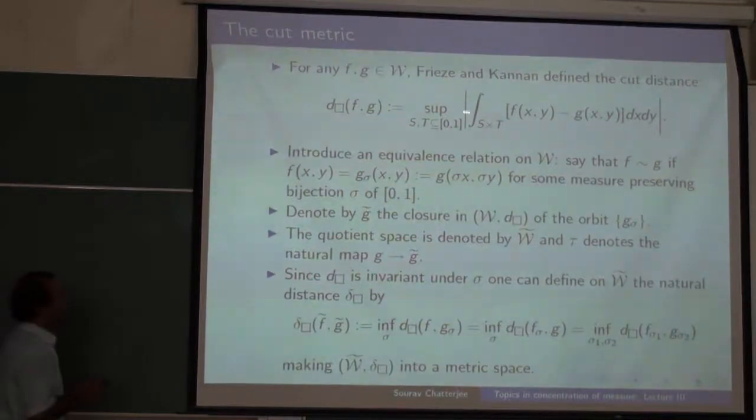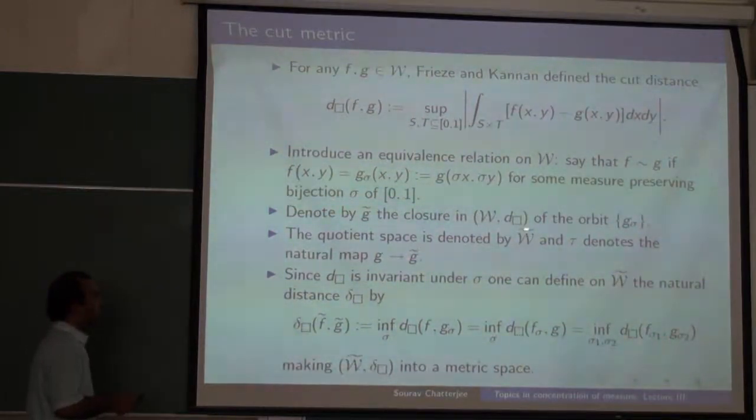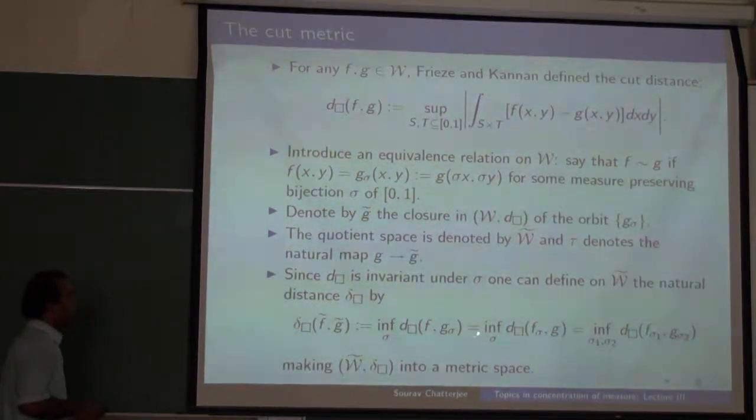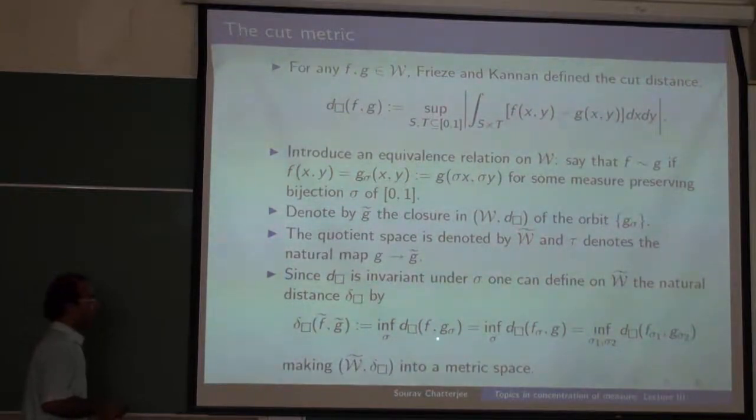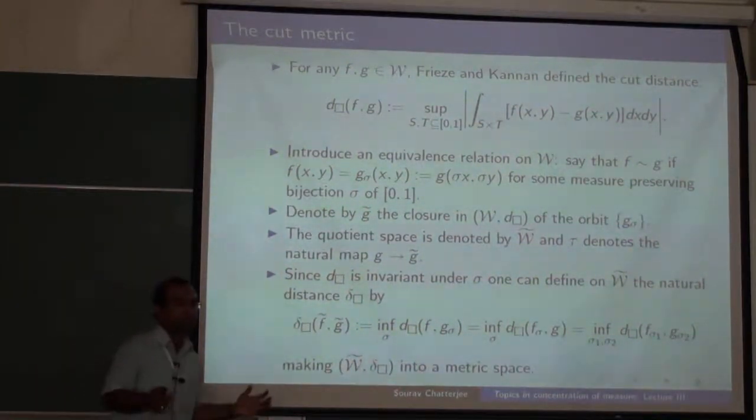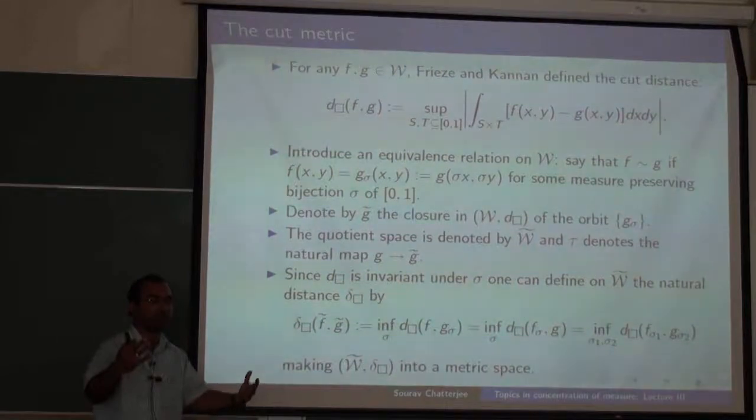Now, this cut distance, this cut metric, is invariant under measure preserving bijections, if you apply the same one to both of them. So then you define the cut metric on this quotient space as follows: you take two functions f and g and you apply permutations to make them as close as possible.